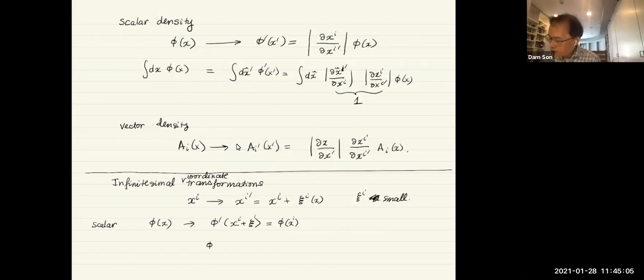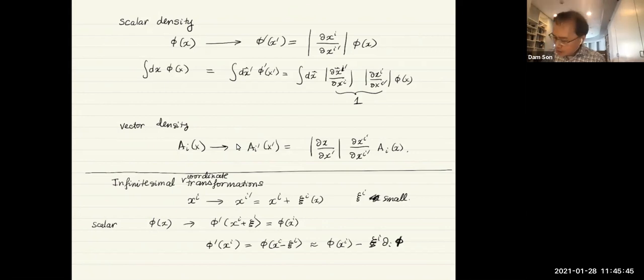If you think about it, this transformation is transforming one function to another function. φ'(x) should be equal to φ(x − ξ), right? Which is φ(x) minus ξ^i ∂_i φ.